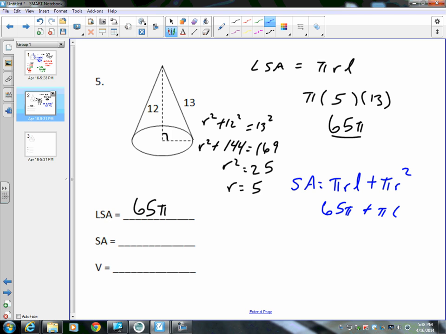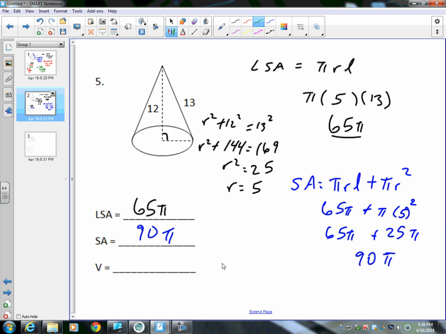Plus pi, radius is 5, we said, 5 squared. So we have 65 pi plus 5 squared is 25. Keep your pi. 65 plus 25 is 90, and tag along your pi. So we get 90 pi, and this is, again, in terms of pi.